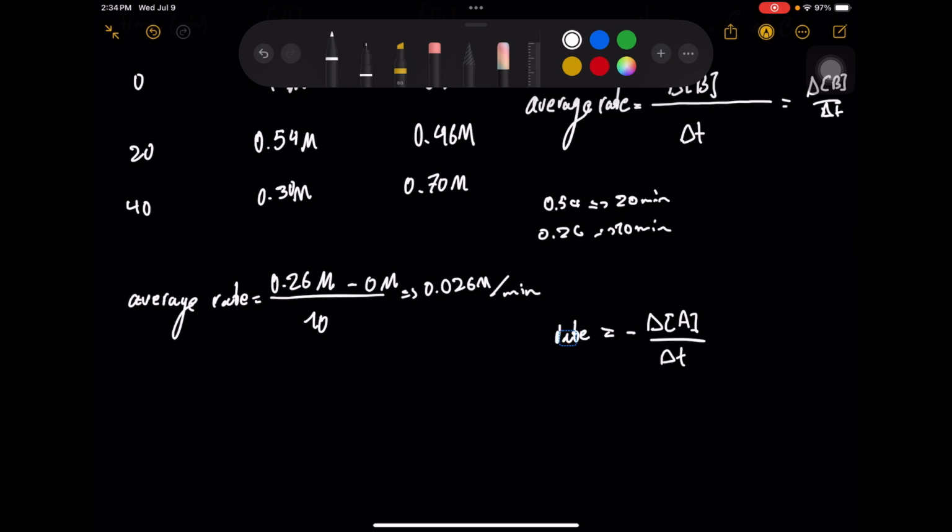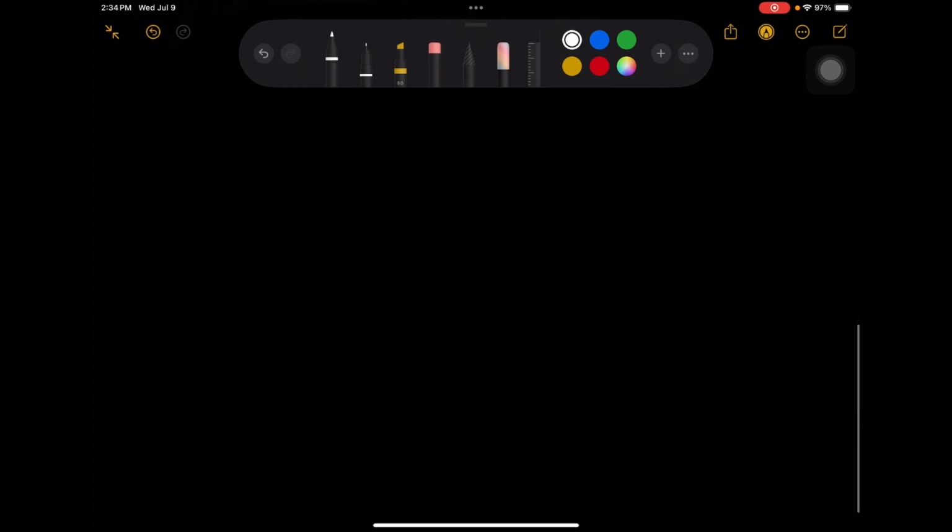So now, what is the relation between the rate and stoichiometry? For example, consider this reaction. This is an important one because we're going to work with it a lot: 2NO plus O2.